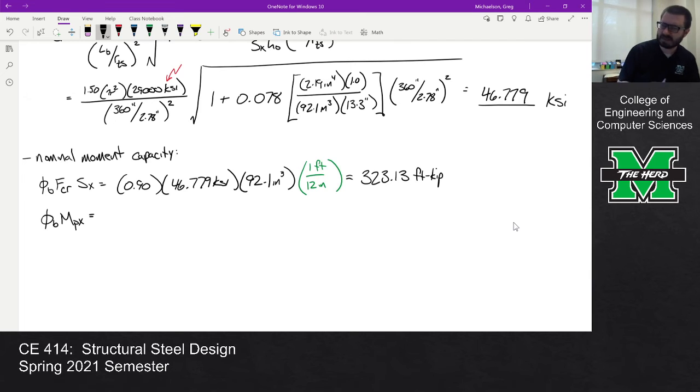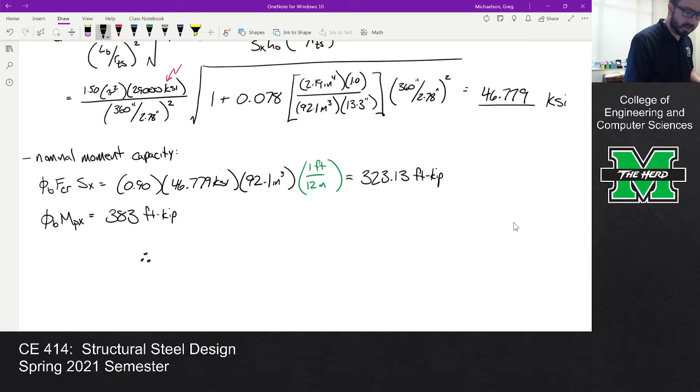And then the other thing that we need is this, because the capacity is limited to phi Mp. And if we look up phi Mp, what do we get for a W14x61? Phi Mp is 383 foot-kips.